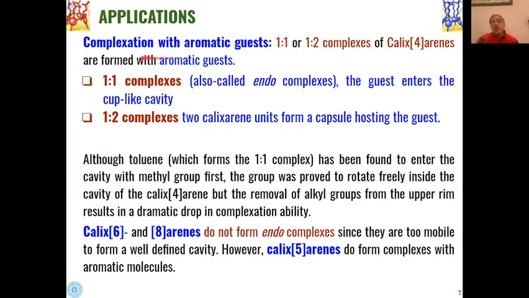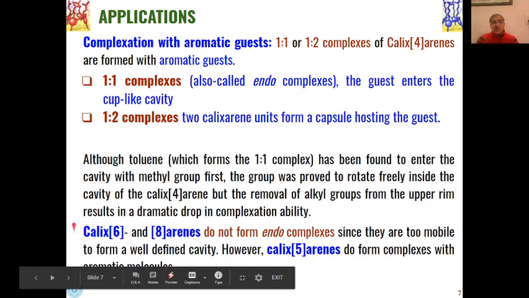First is that they can make a complex with aromatic guest atoms, and these complexes may be 1:1 or 1:2 complexes which can be formed with the aromatic guest. 1:1 complexes are also called endocomplexes, and here the aromatic guest enters the cup-like cavity of the calixarenes, whereas in 1:2 complexes, 2 calixarene units form a capsule where the aromatic compound is hosted as a guest.